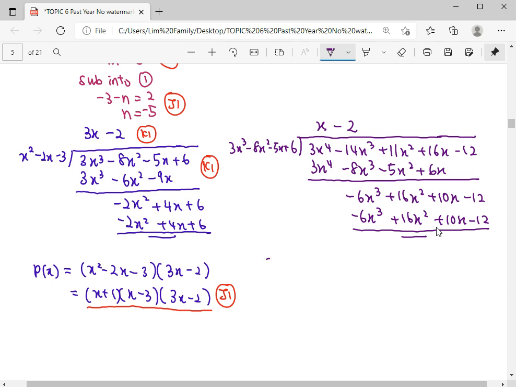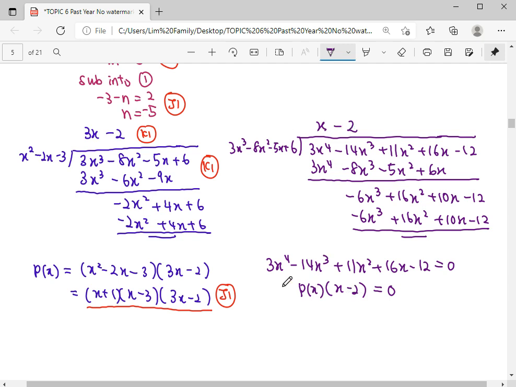From here we can see 3x to the 4 minus 14x cubed. When it equals 0, they ask us to solve when it equals 0. Actually, this part is equal to the quotient, which is our polynomial, times the quotient x minus 2.